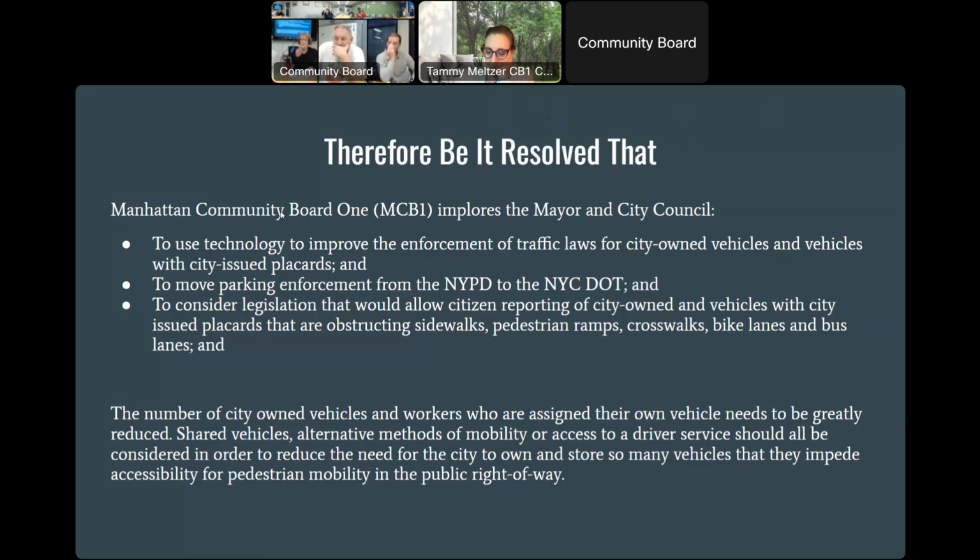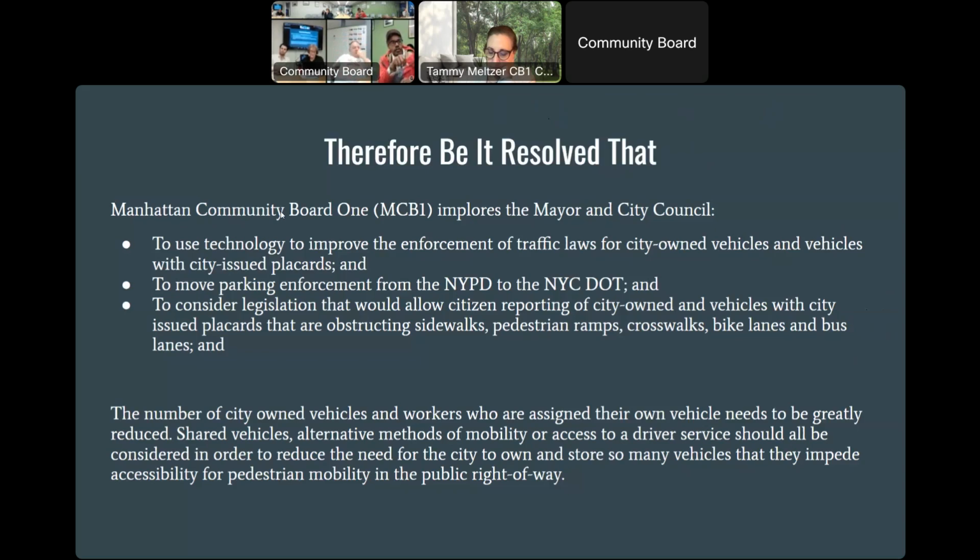We're just going to say it with Brendan. So a bullet for allowing reporting of city vehicles with issued placards. And then to me, the top bullet is vehicles that are obstructing sidewalks, pedestrian ramps. We are opposed to that, because I think that goes back to what the research is.